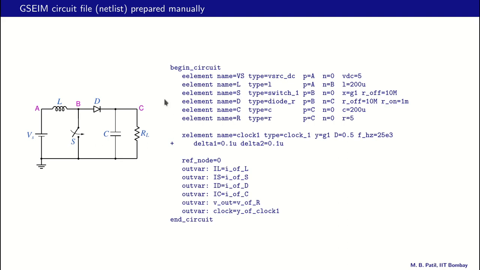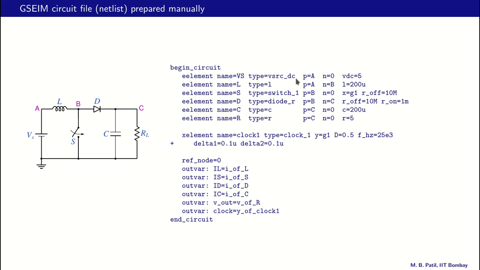For example, this first statement says that there is an electrical element whose name is Vs. Now this Vs is a name given by us. We could have called it Vs1 and so on. And then there is the type equal to VSRC DC. This type is the name of that element in the library, which we will see a little later.